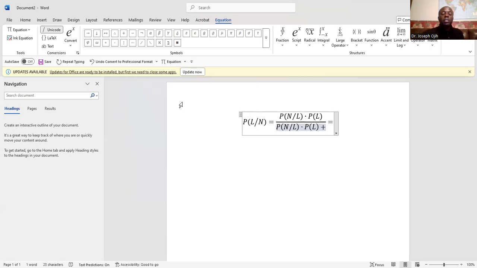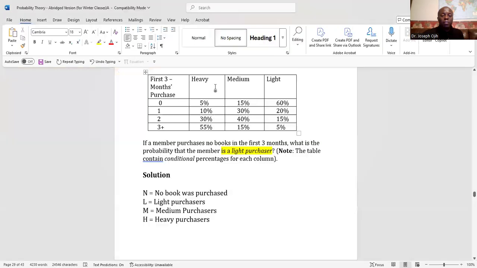Plus, now you do the same thing for all types of purchasers we have there. Remember, we have the heavy and medium. So what you did for light, you do for the medium and heavy.